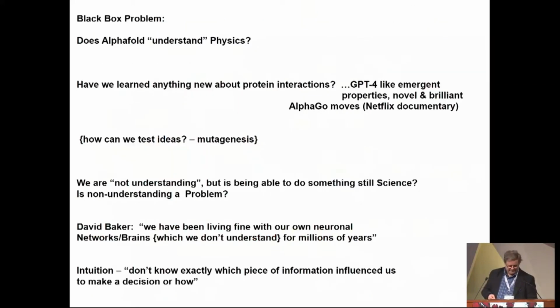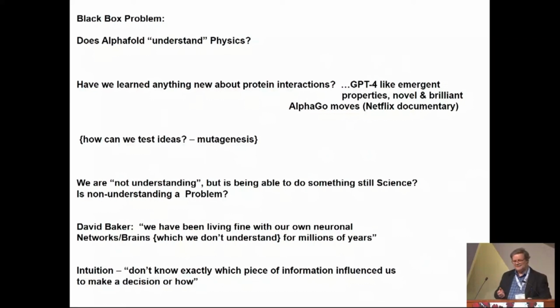The major issue I have with this is that it's a black box, like many machine learning AI things. So does AlphaFold understand physics? I think the jury is still out. I talked to some experts, and I think it hasn't really shown the emergent properties that AlphaGo and others have shown already. So is not understanding what it's doing, how it really works, a problem?